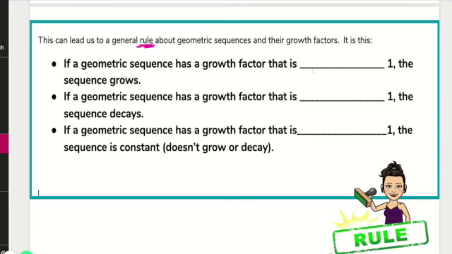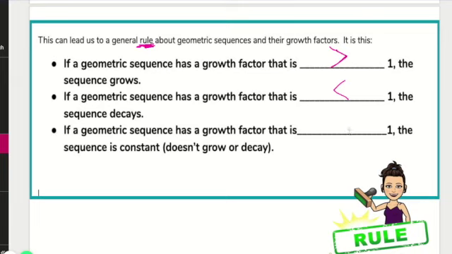It is this: if a geometric sequence has a growth factor that is greater than 1, then the sequence grows. Okay, so this is your greater than sign, greater than 1. So if it's greater than 1, the sequence is going to grow. It's going to get bigger each time. If a geometric sequence has a growth factor that is less than 1, then the sequence is decaying.